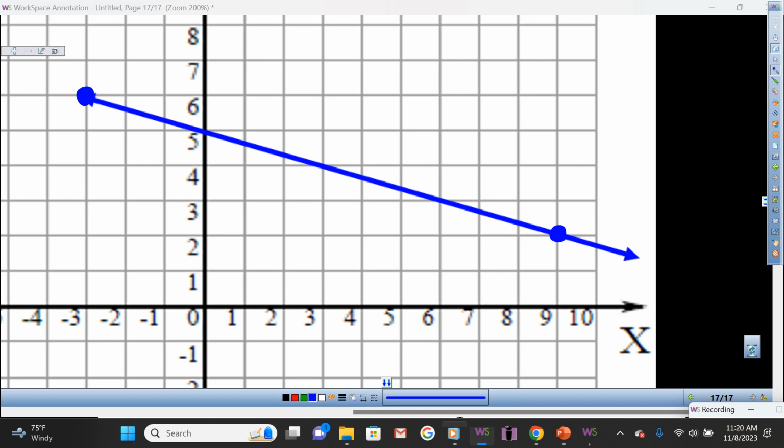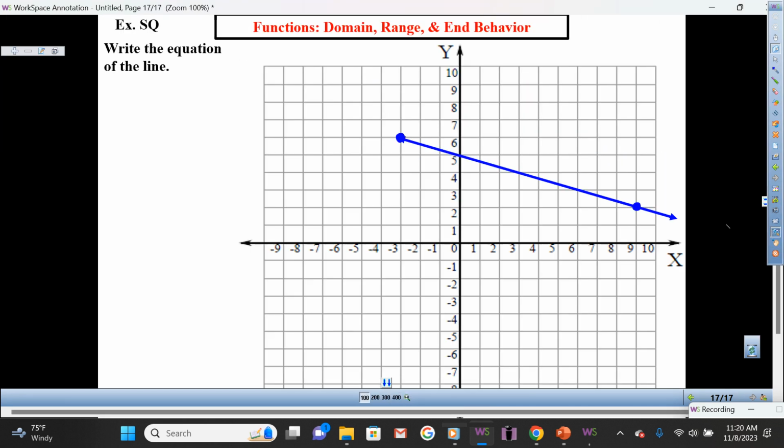All right. So, look at it. Write your equation. Look at the process that we just did on the other one. Let me get you started.